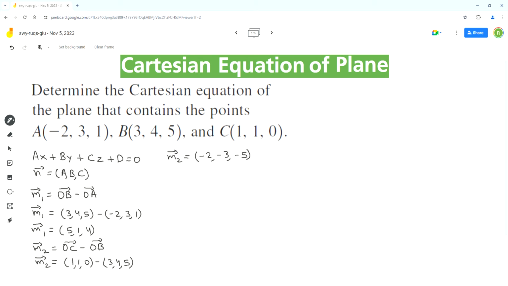We can see that these two direction vectors are not collinear vectors because they are not scalar multiples of each other. There is no way we can multiply one of these vectors by a scalar to get the other vector. Now we can use these two direction vectors to find the normal vector for the plane, and the normal vector will be the cross product of these two direction vectors.